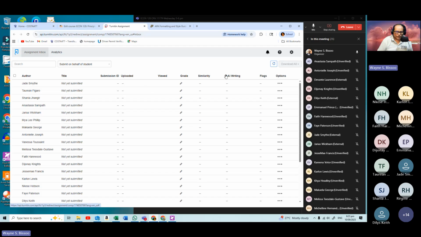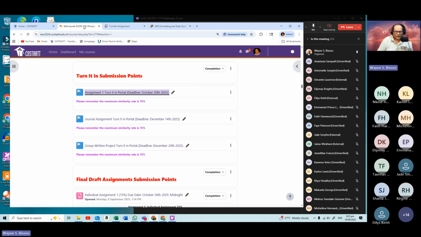It also checks for AI, and if certain sections seem to be AI generated, it will flag your work. But the main thing we're looking for is the percentage similarity rating, which is supposed to be no more than 15%.